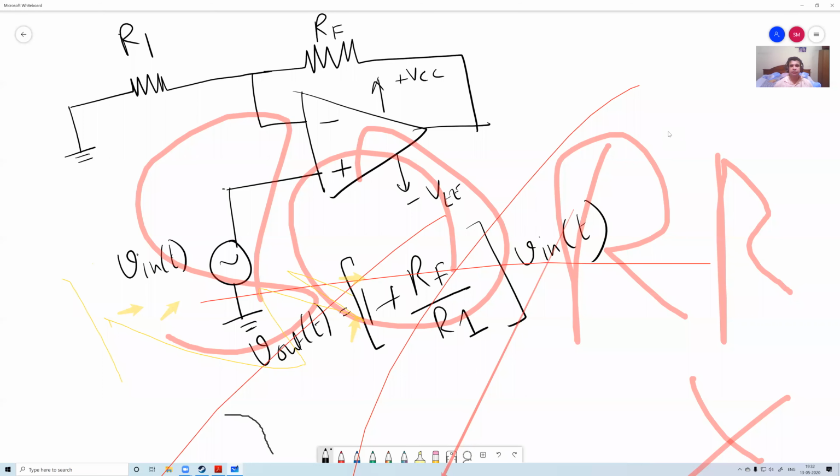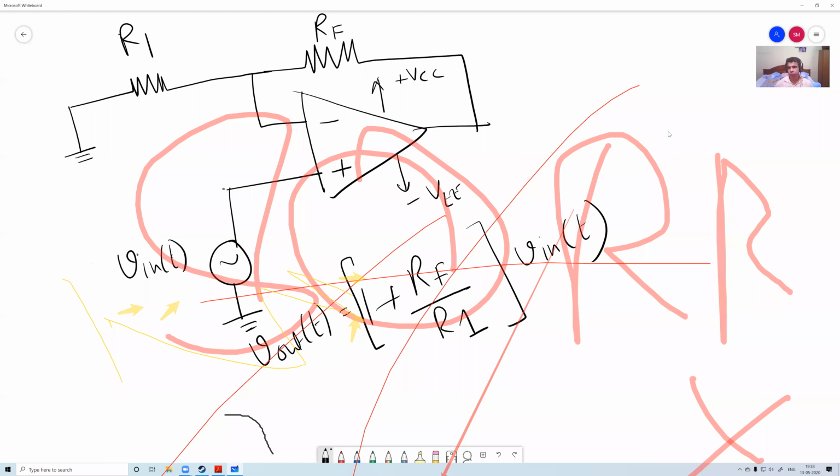So we see that the output of the op amp changes with time. For an ideal op amp, we expect the output to change as per input. As soon as the input changes, the output is expected to change. For practical cases, it is not instantaneous. There is a finite time delay.